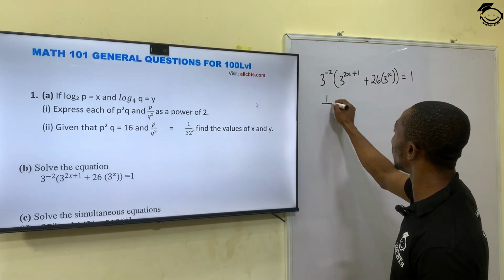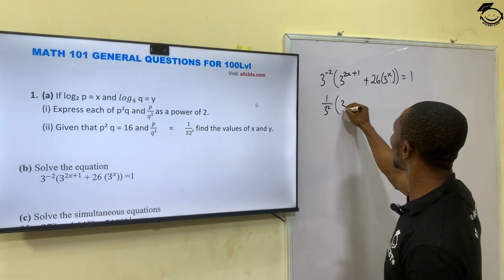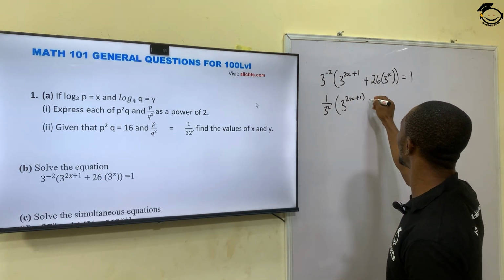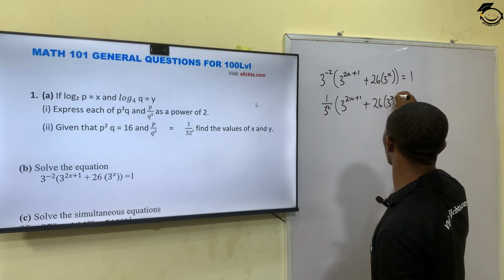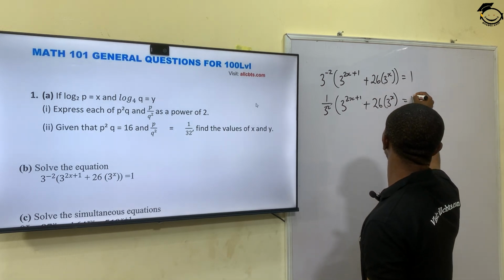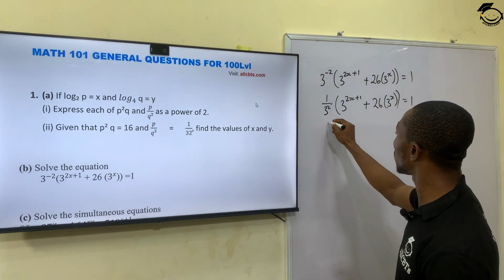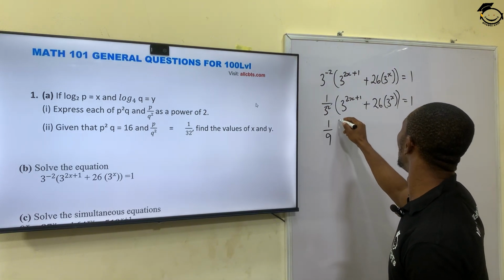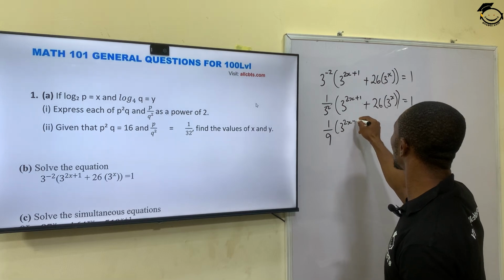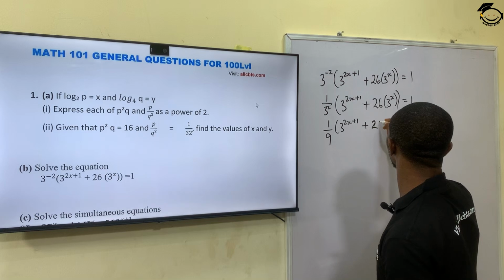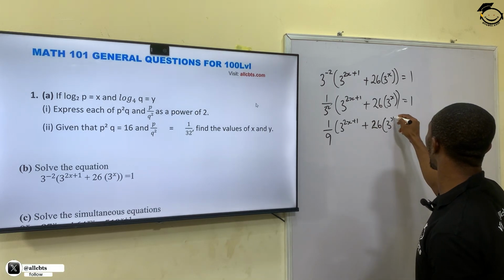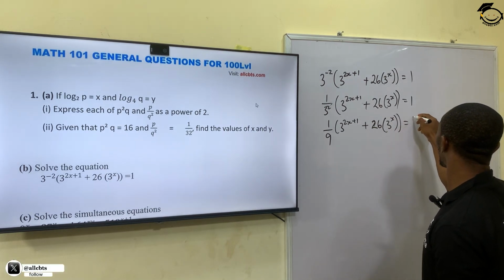This becomes 1 over 3 squared bracket 3 raised to the power 2x plus 1 plus 26 bracket 3 raised to the power x all equals 1. Now this will give us 1 over 9 bracket 3 raised to the power 2x plus 1 plus 26 bracket 3 raised to the power x all equals 1.